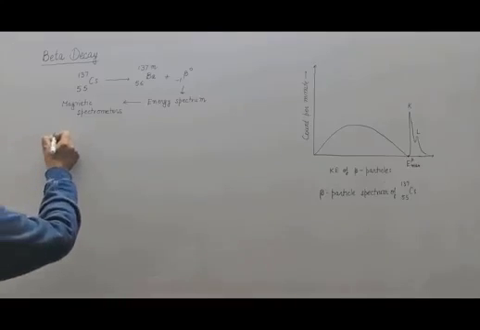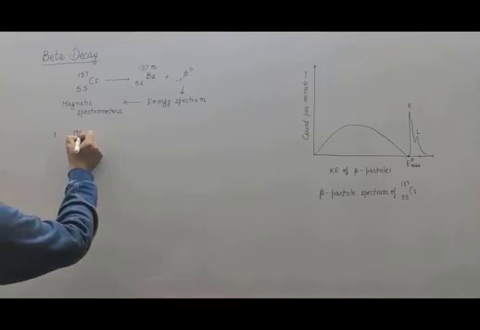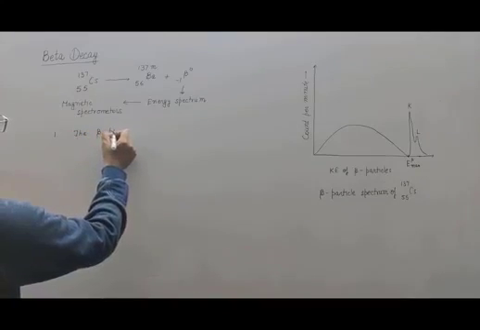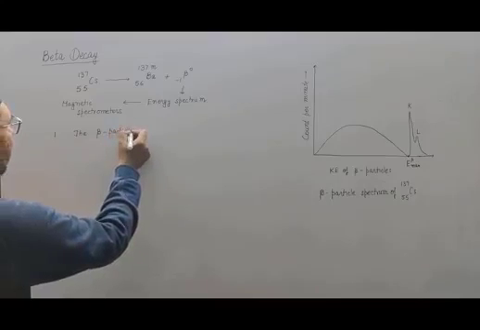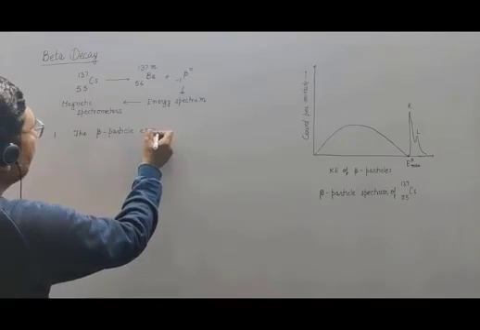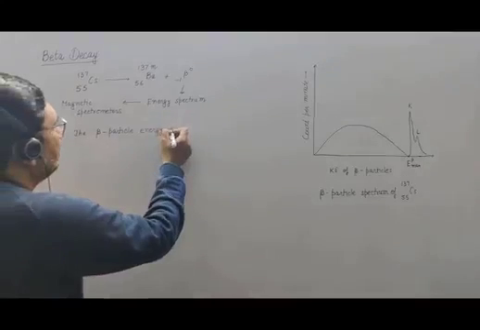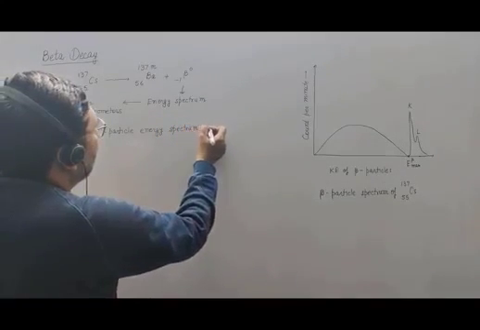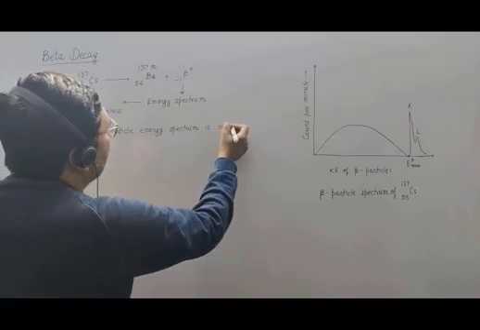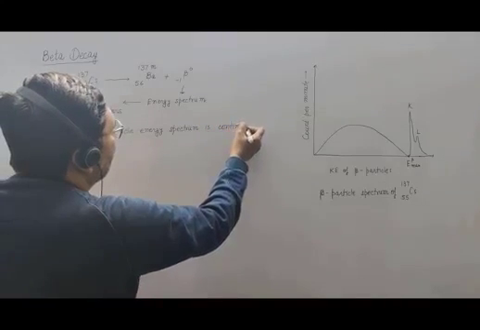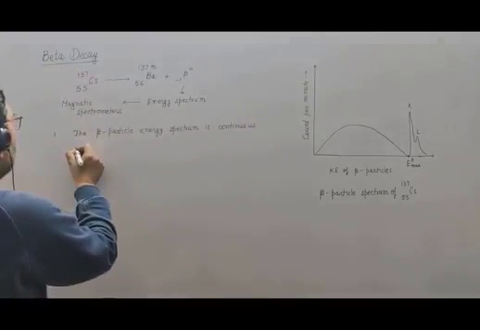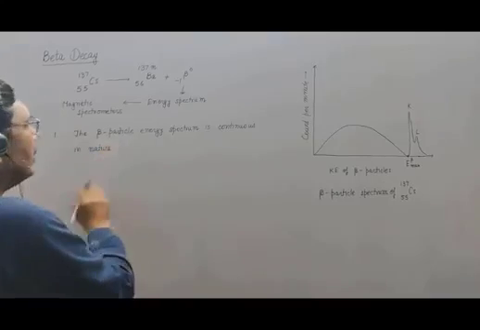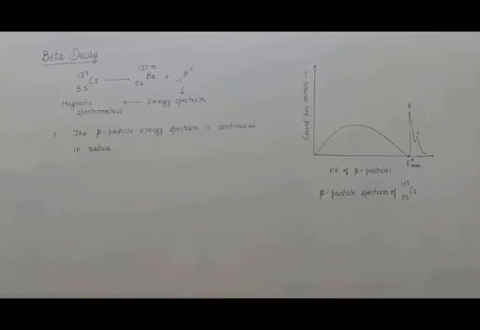From this energy spectrum we can observe two very important aspects. Number one, the spectrum is continuous. The beta particle energy spectrum is continuous in nature. This is very unlike the alpha particle.